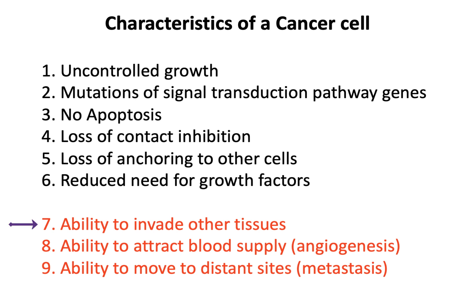It becomes much more dangerous when it starts to invade other tissues and interfere with the functions of those tissues. And when it starts to attract a blood supply, which is called angiogenesis, where now it has a larger supply of nutrients. And then finally, the ability to move to distant sites, which is metastasis.